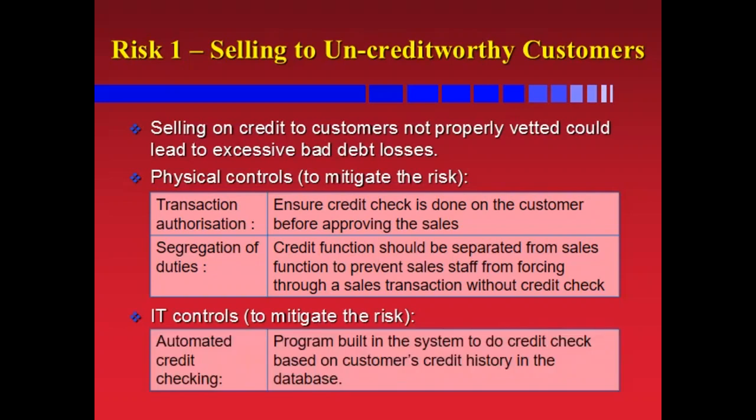Now, IT controls can come in the form of automated credit checking, whereby a program is built into the system to do the credit checks based on the customer's credit history in the database. If credit is denied, the sales staff should not be able to force the transaction to continue.